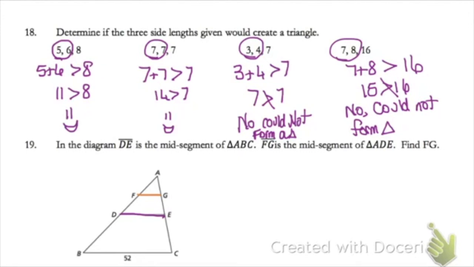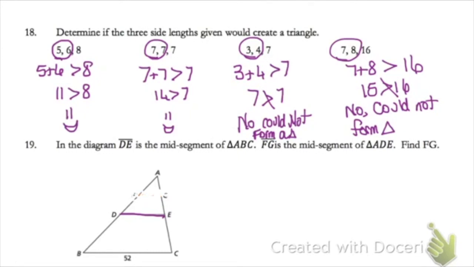Well, let's first find the length of segment DE. Let's just ignore F and G completely, and let's just look at our big triangle and find DE.